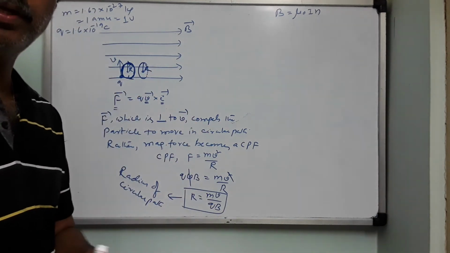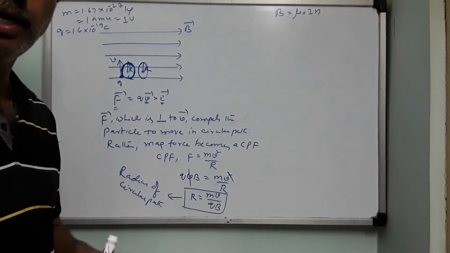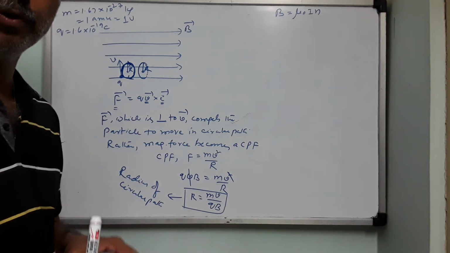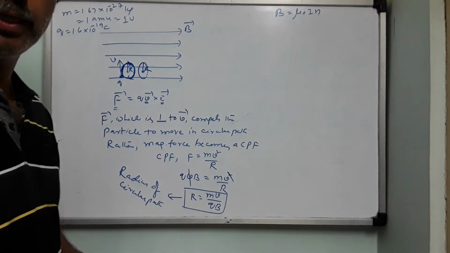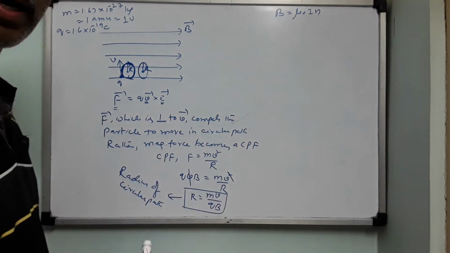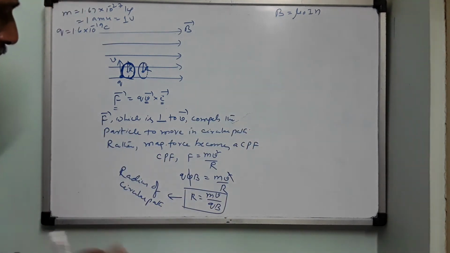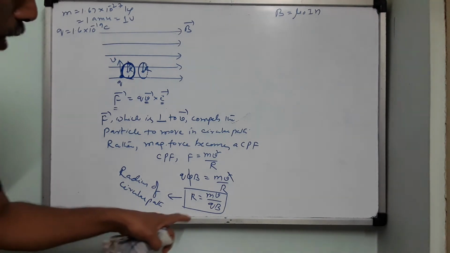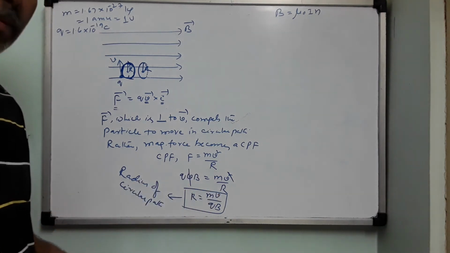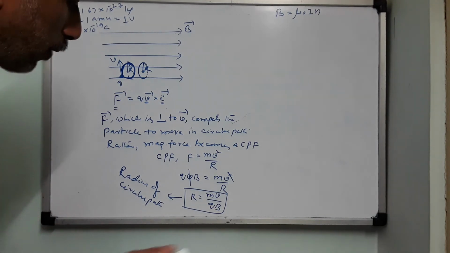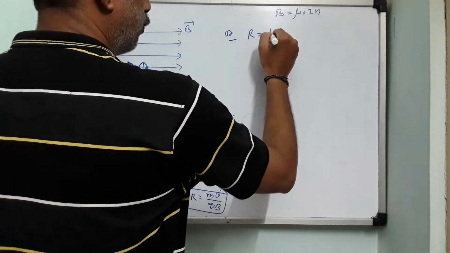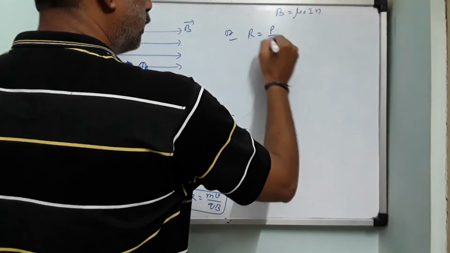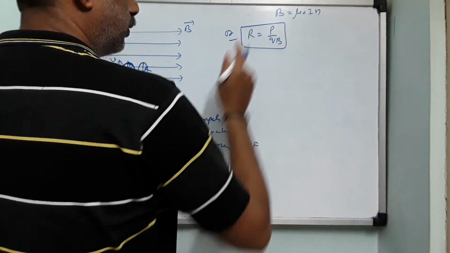If at all the particle experiences a force, that force is always perpendicular to the velocity vector. This is a rule, it's a commandment. There are no amendments to this rule. Okay, right. Now you know that mass into velocity is nothing but the momentum. Momentum symbol is P. So this can be expressed as R equals P divided by QB. This is also one of the equations.